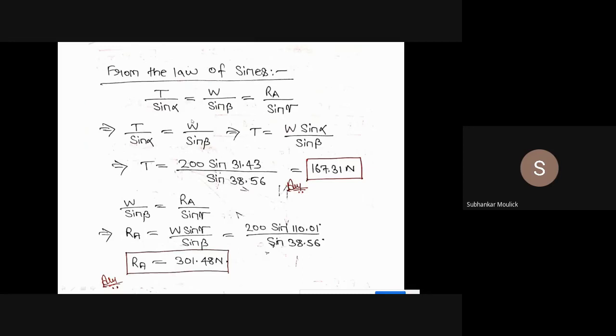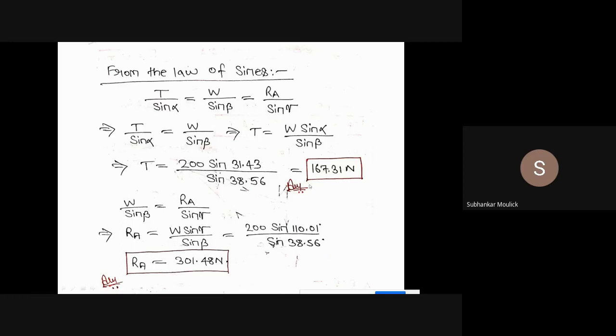So if I take the first and the second combination, W is given to me in the problem, and T will become W sine alpha by sine beta. Alpha and beta are given to you. You will solve it and you can get the value of T.